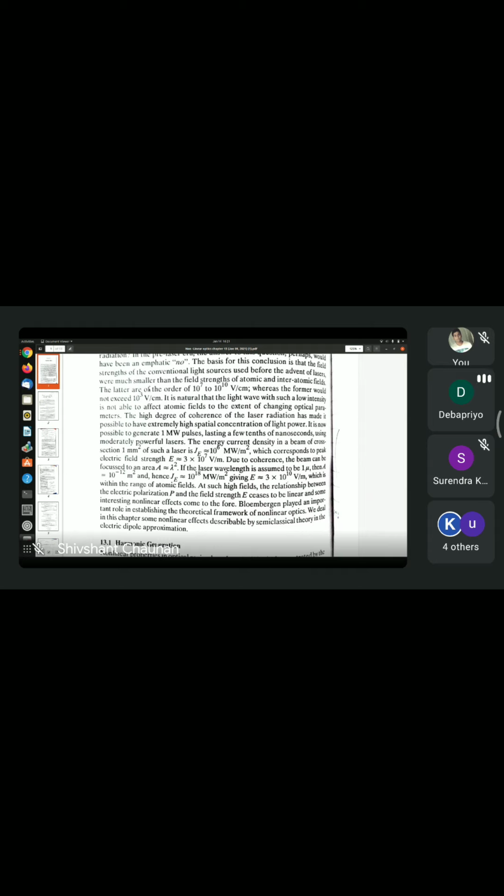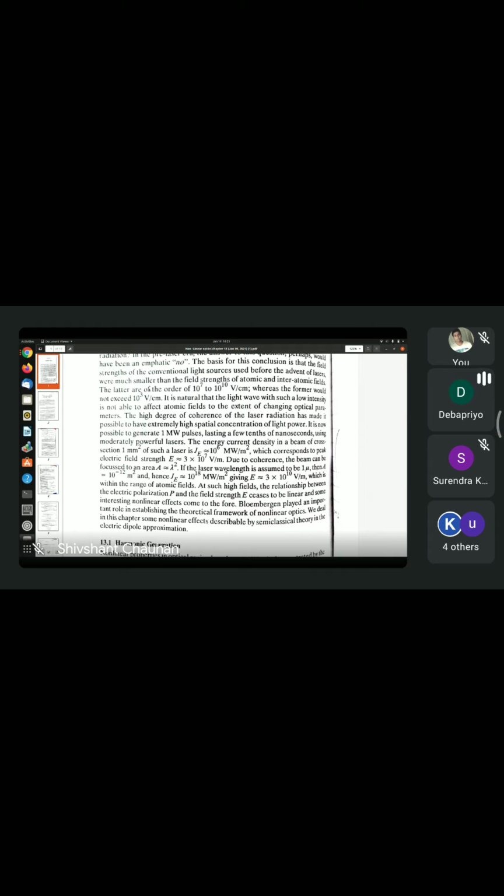Now note that the expression for the intensity is equal to half of c, that is the velocity of light, into epsilon 0, that is the permittivity of vacuum, into square of the electric field. This electric field is the amplitude of the oscillating electric field associated with the laser beam.